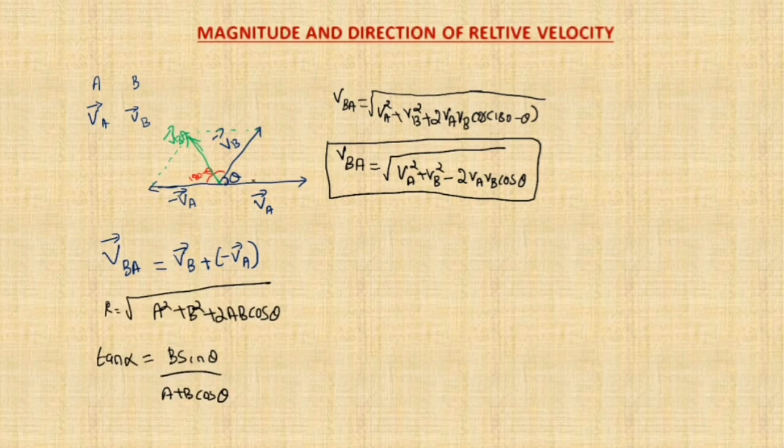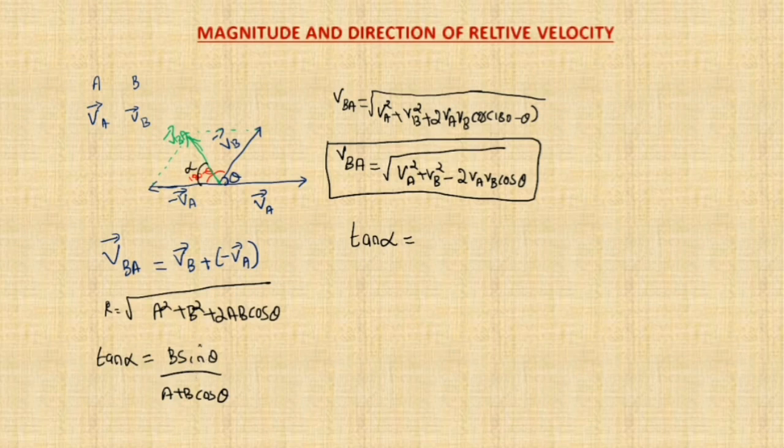Now if the question is asking what is the direction? What is the direction of resultant velocity? So just imagine the direction of resultant velocity, this VBA, the green color, the VBA and minus VA making an angle, say it as alpha. So we can find the angle here. Tan alpha is equal to, what is the general equation? B sin theta.